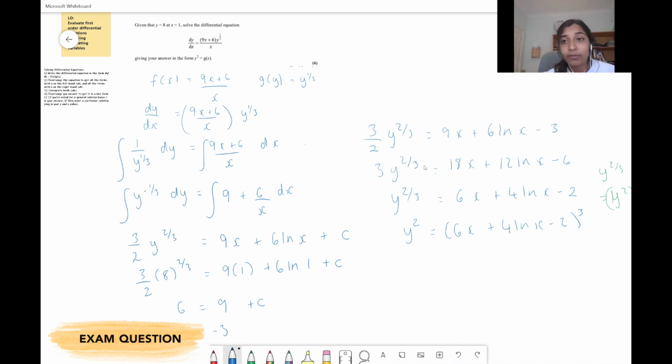A lot of people will just misread or skip that, so make sure you do read it so you can get all your marks. And again, remember your constant c, because you need it when you plug in y equals 8 and x equals 1.